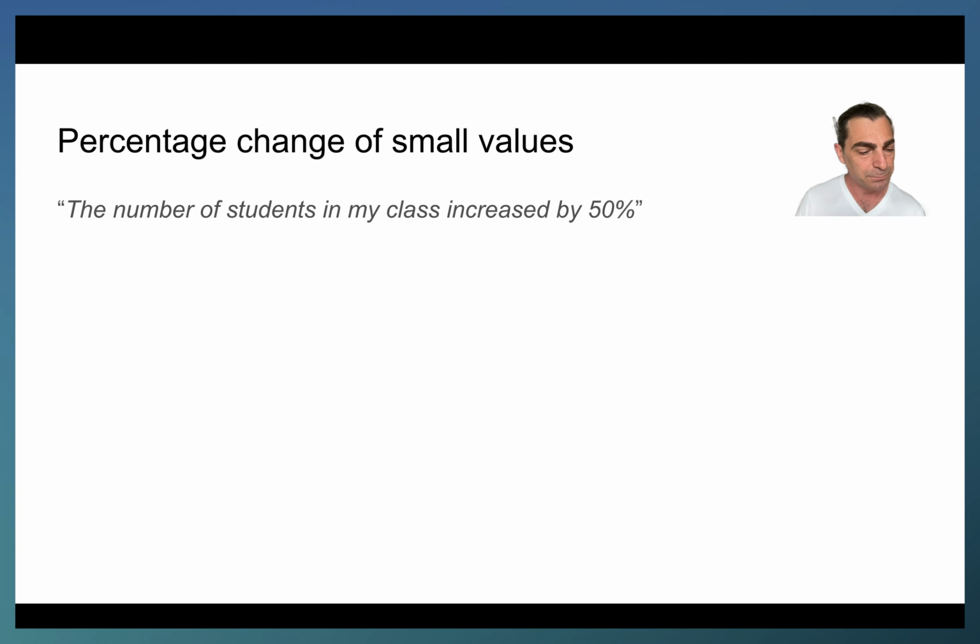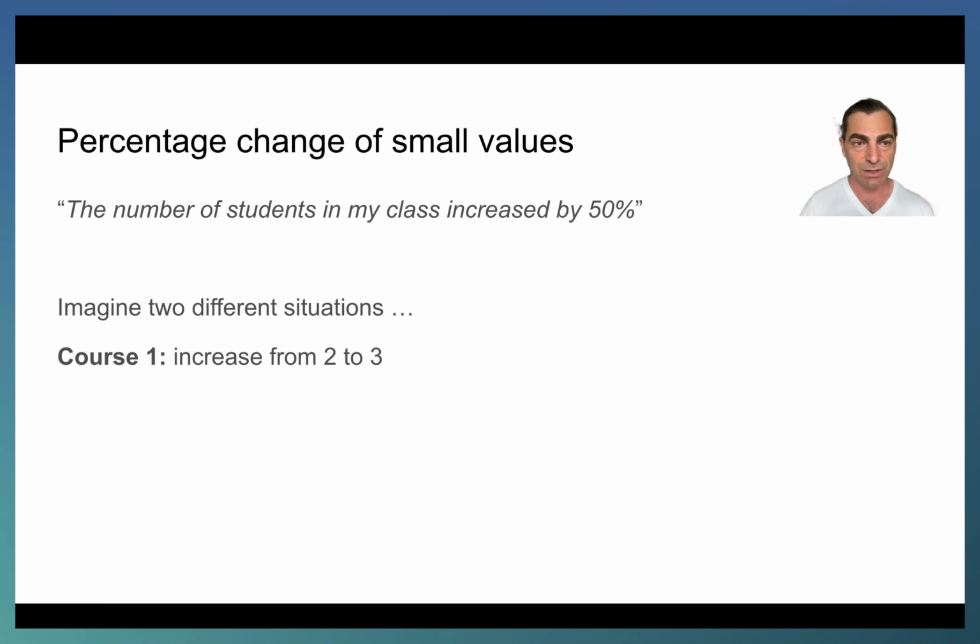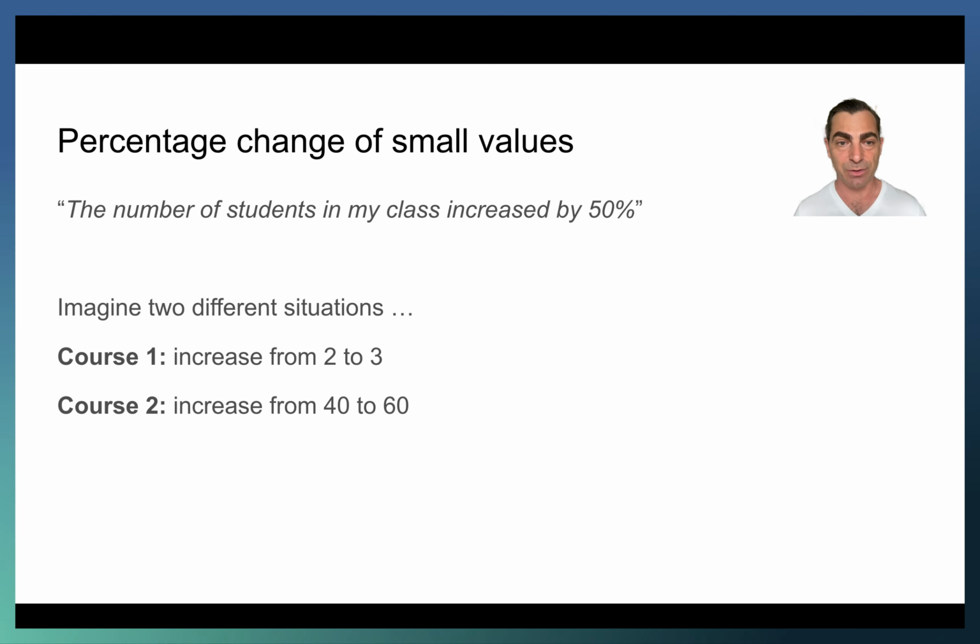Okay, but I can have two cases here once again. So imagine two different situations. The first situation is a situation where the course increased the number of students from 2 to 3, whereas the other is a course that increased their number of students from 40 to 60.